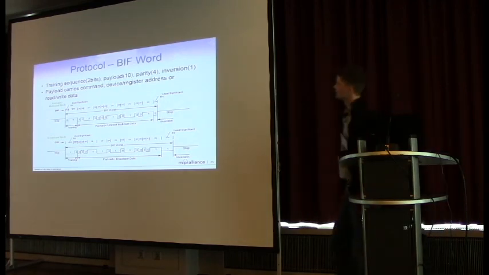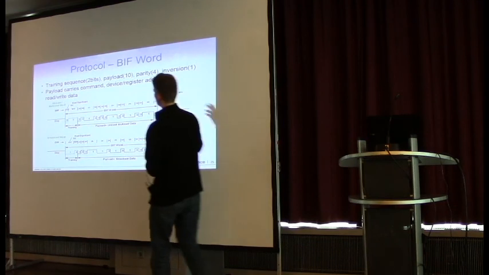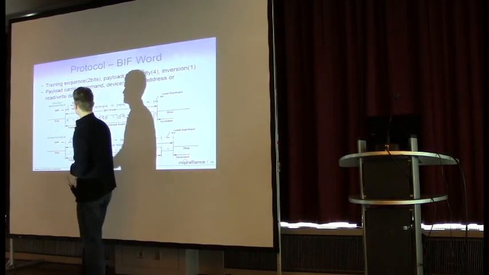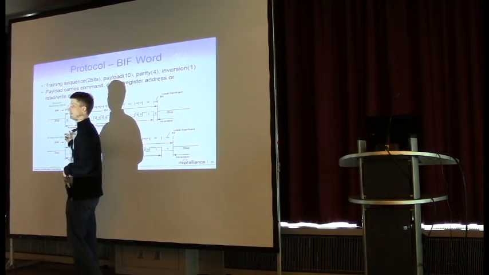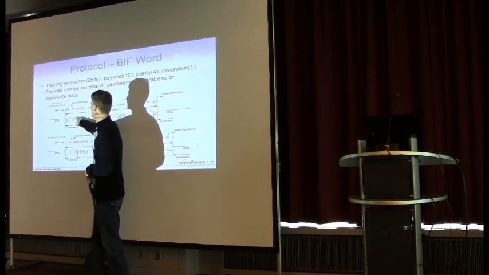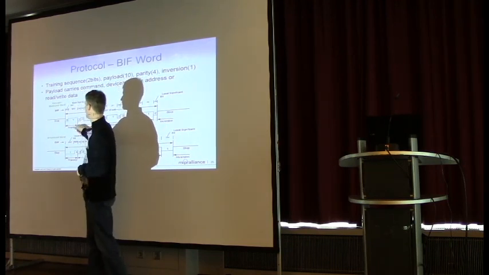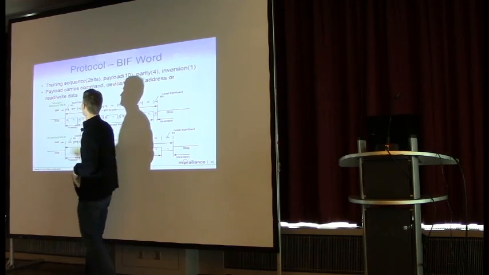A word has 17 bits, and it will always start with the training sequence. The training sequence sets the beat. The slave will listen to this and oversample it, and based on the time it comes in, it gets the speed from this training sequence.